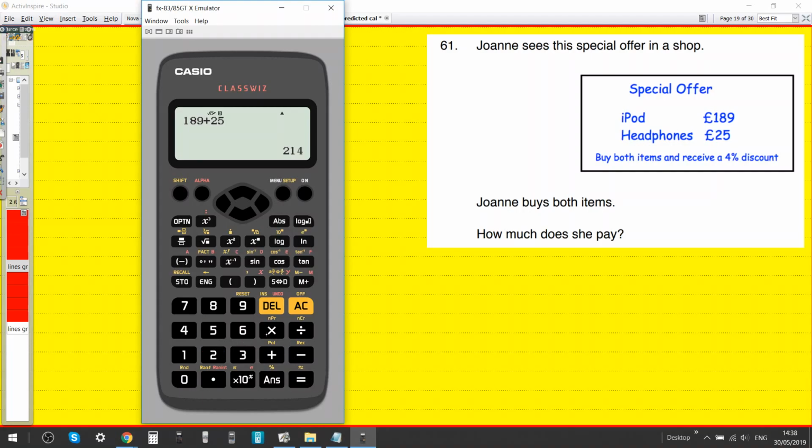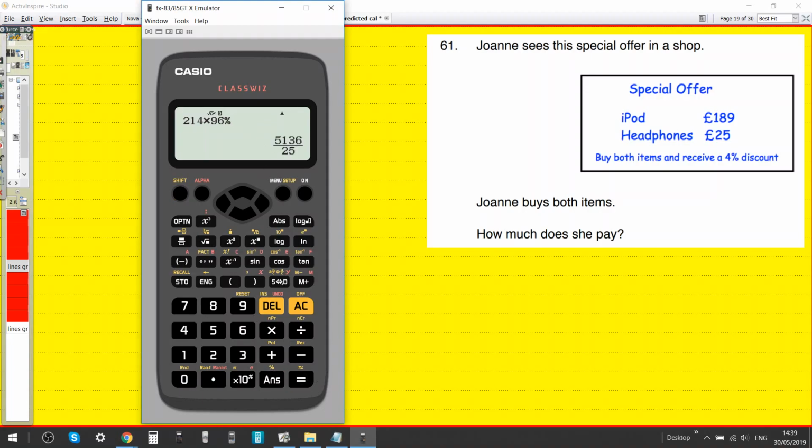And then if it's a 4% discount, well, how much percent is left over? Oh, so 96%. Yeah, and so you can do times 96%.